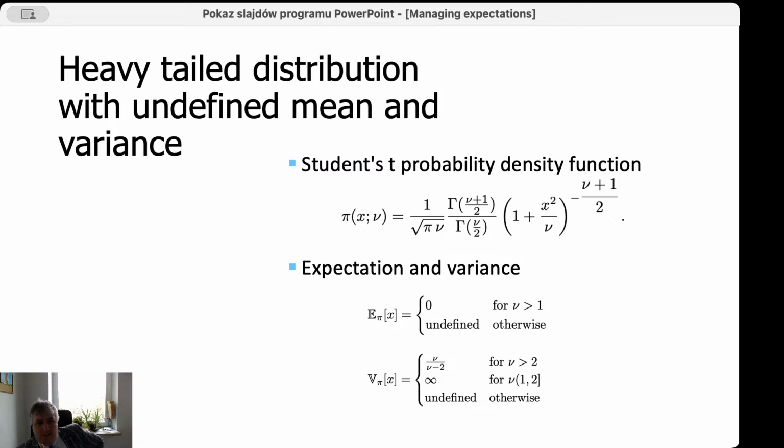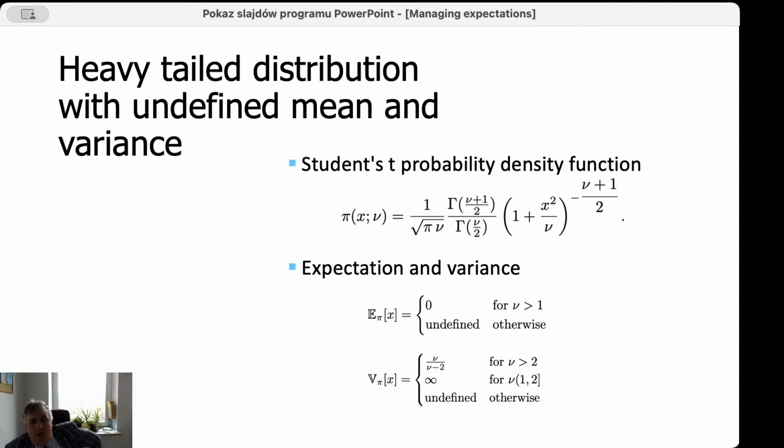What is the expectation of x given by this? So the classical mean, the first moment of that function, not any expectation that exists, just this one. In case of variance, we have a similar situation. It exists as long as the number of degrees of freedom is greater than 2.